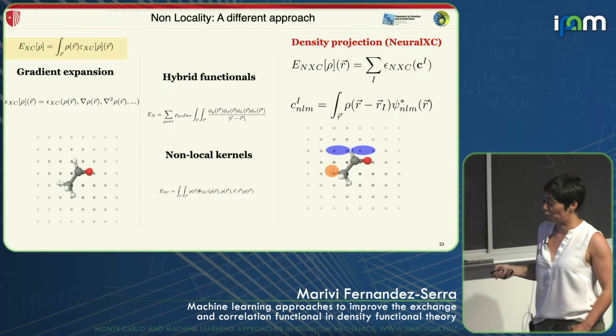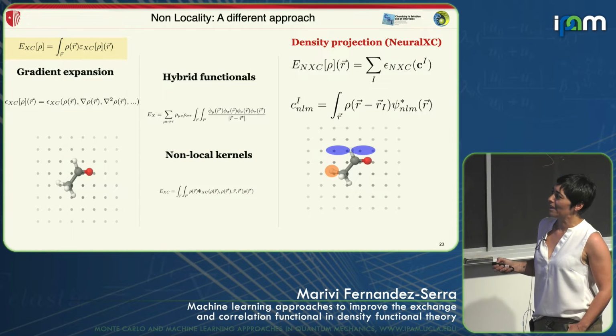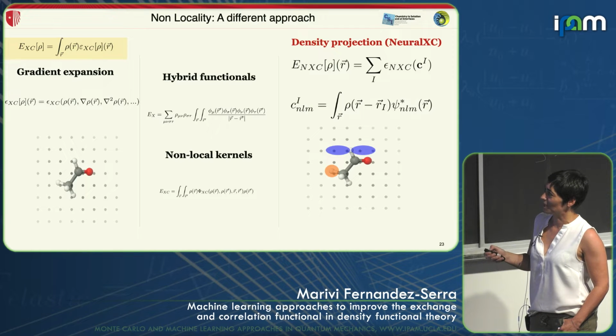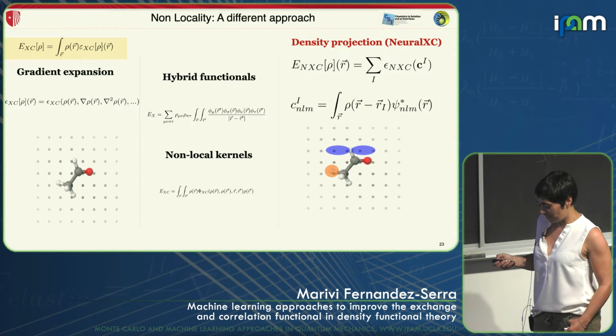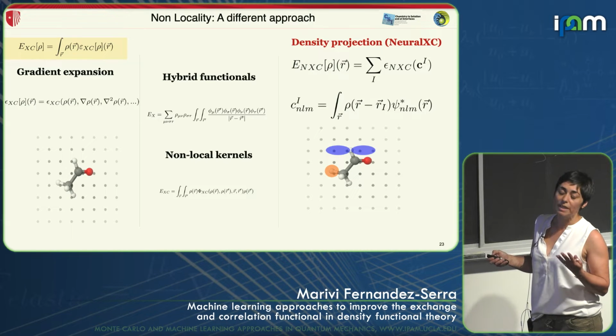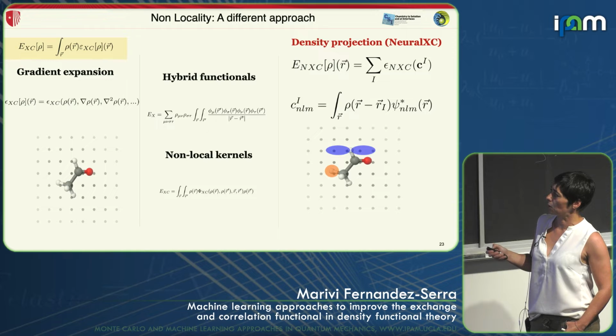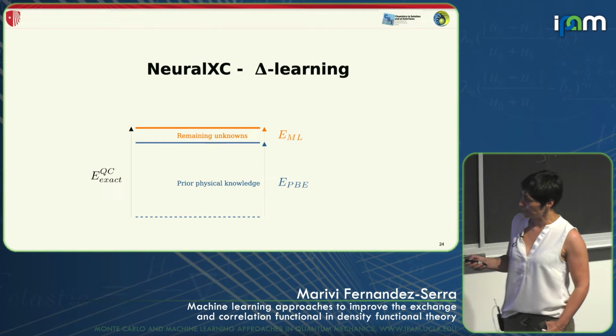We saw this morning that the correlation energy is a very, very small part of the total energy. And so by doing that, the information that is in that density can still be very useful to learn what variations that density could give us to improve on the exchange and correlation energy. And so we are going to start with that, this neural XC.